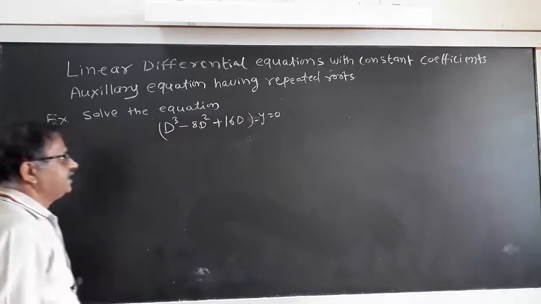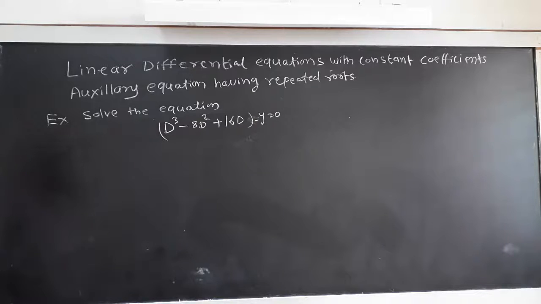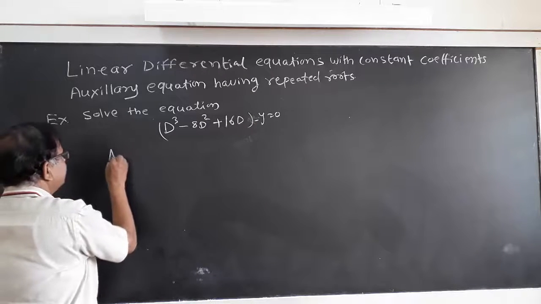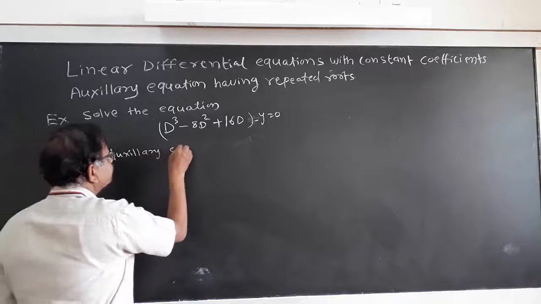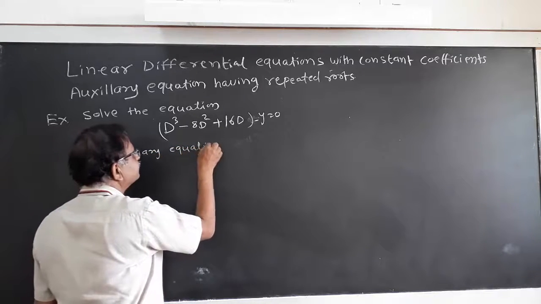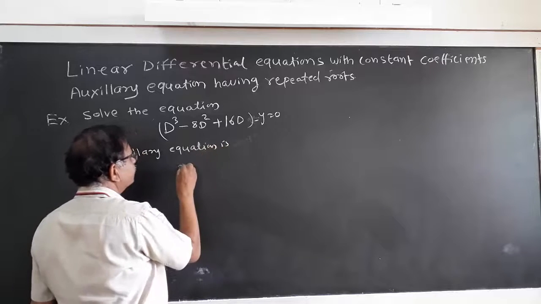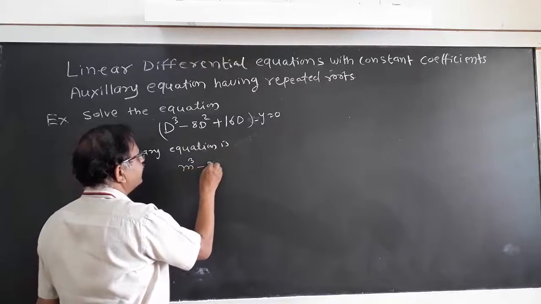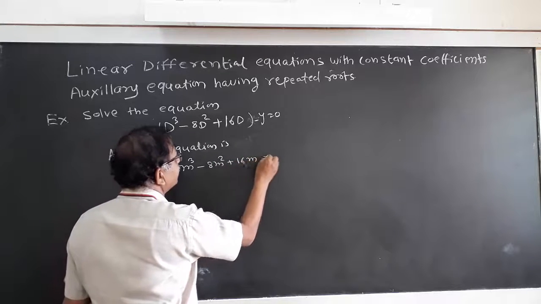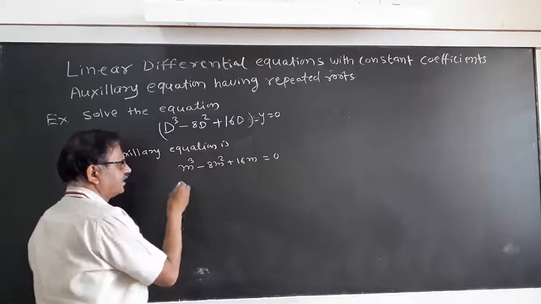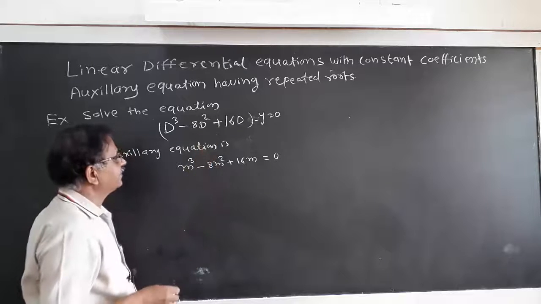Solve the equation D cube minus 8D square plus 16D equal to 0. The auxiliary equation is m cube minus 8m square plus 16m equal to 0. We have to put d by dx equal to m.